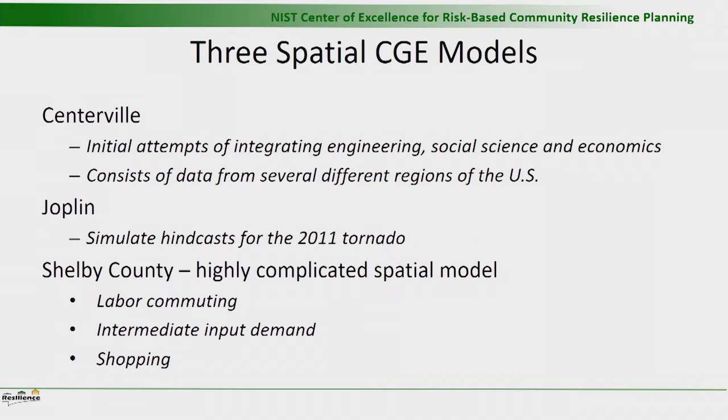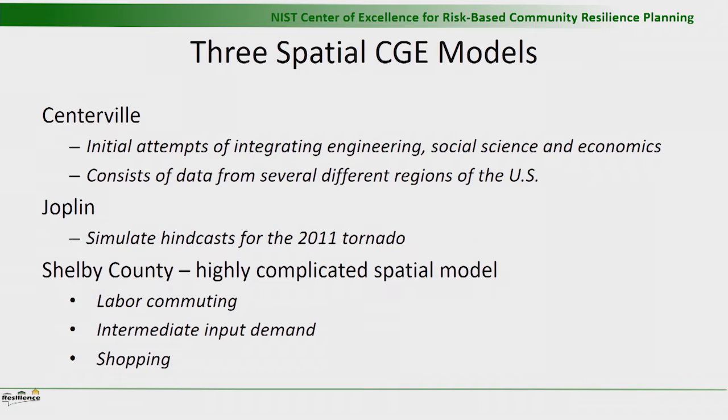After that, we built our Joplin model, which examined the 2011 tornado. What we did with that was hindcasting. We forecasted using our 2010 model what the impact of the tornado would have been in 2011 and 2012, and we spent quite a bit of time with that.